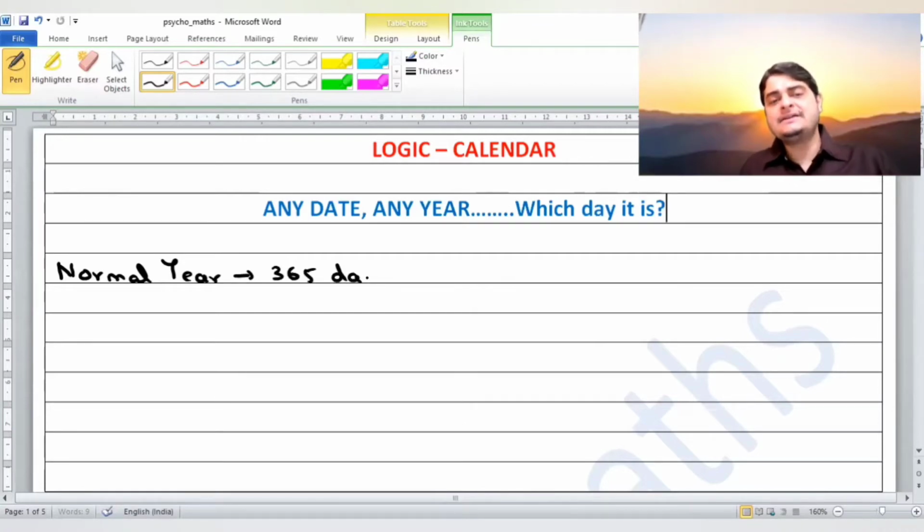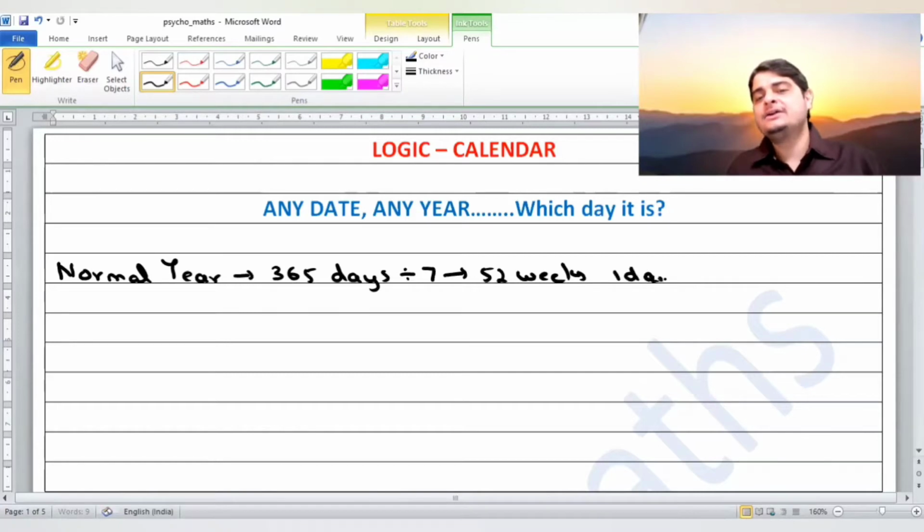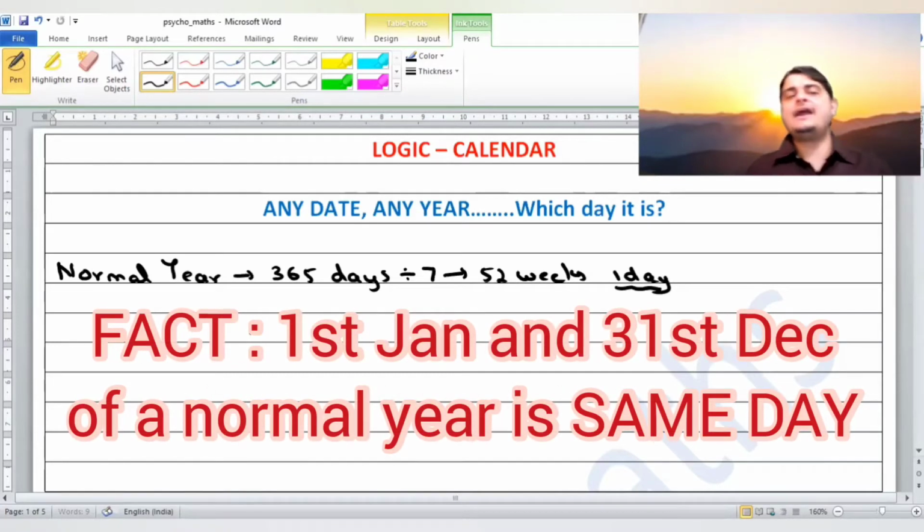But how many complete weeks and additional days does it have? Students, the additional days in each year will play an important role, not the complete weeks. So 365 divided by 7 is 52 weeks and 1 day. Students, make a note: the 1 extra day of a normal year will play an important role.